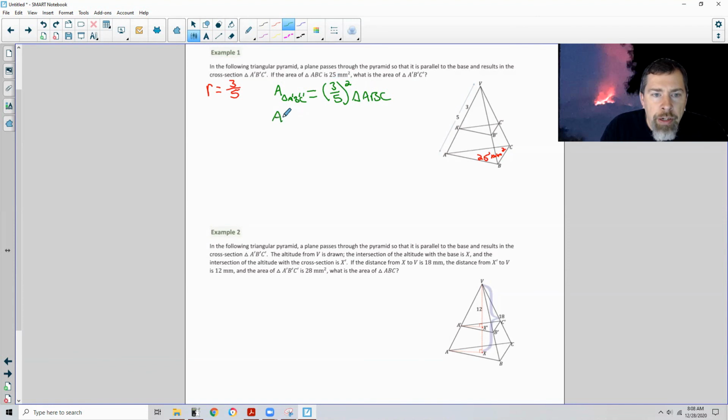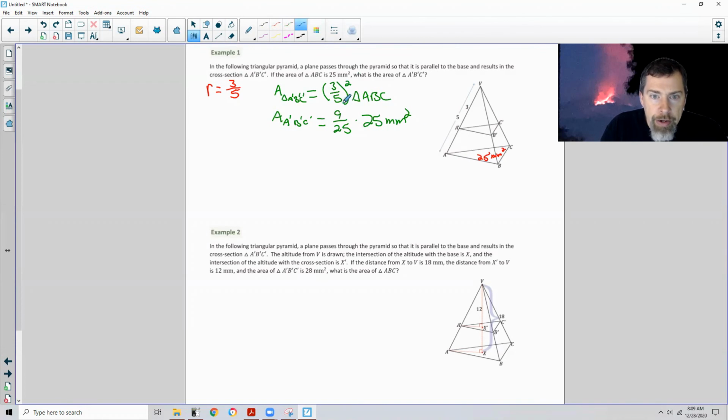So the area of triangle A prime B prime C prime is going to equal 3 squared over 5 squared times triangle ABC's area, which is 25 millimeters squared.